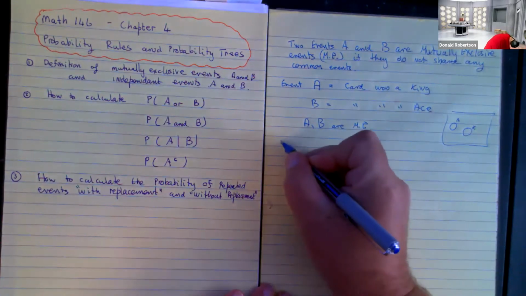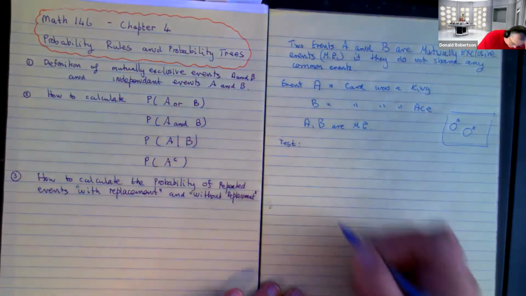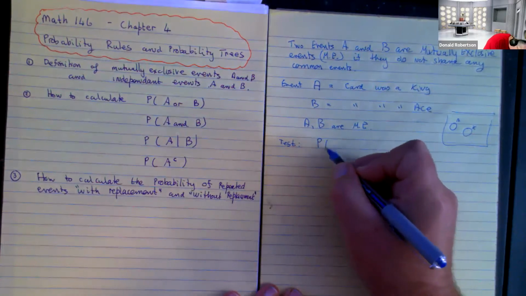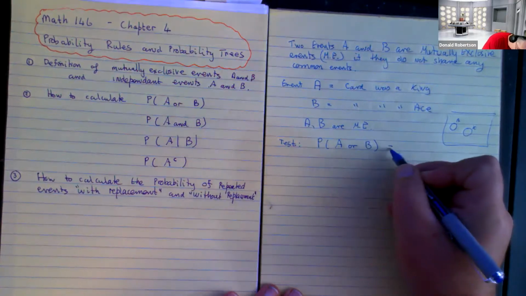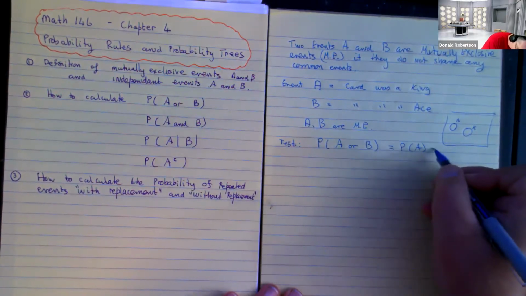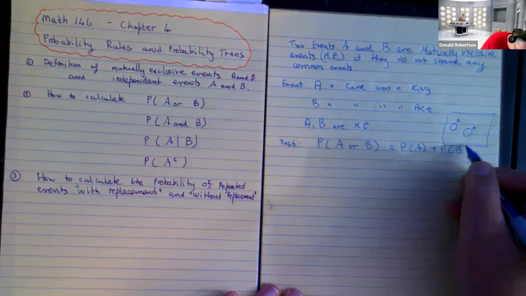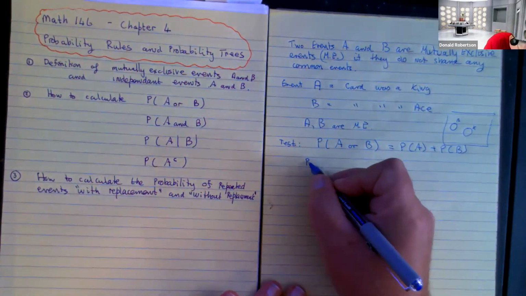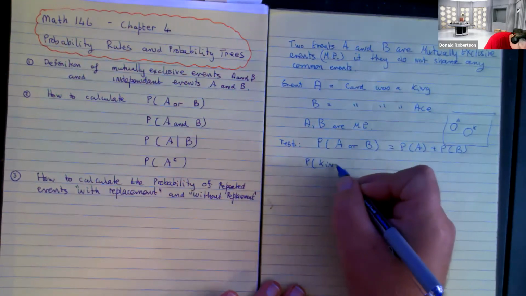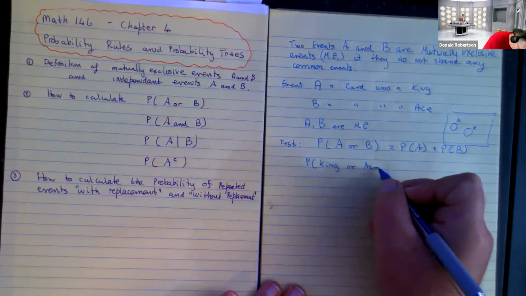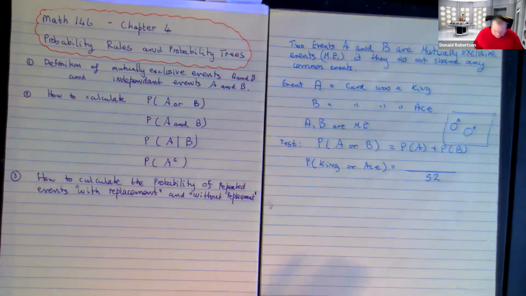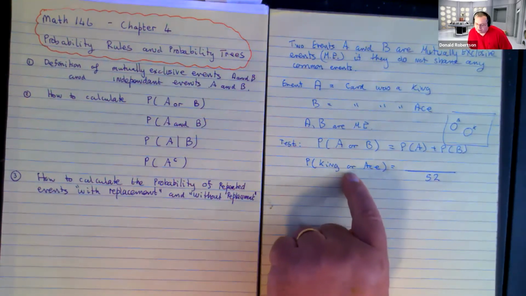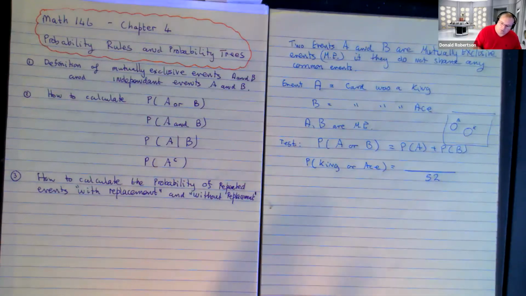Now, there's a test for it. The probability of A or B is the same as the probability of A plus the probability of B. So for instance, if I wanted to find out what's the probability that I get a king or an ace when I pick one card. Okay, we know there's 52 cards in a deck, agreed? Now, the word or in statistics means one or the other or both.